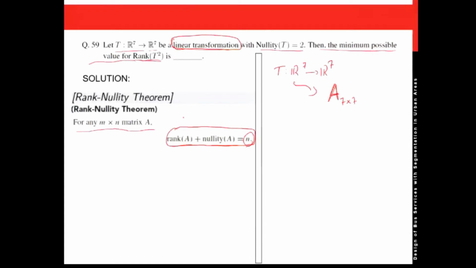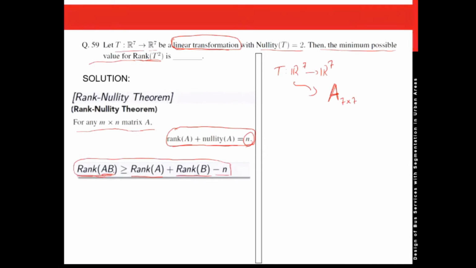And we will use one more result. Rank of AB is always greater than or equal to rank of A plus rank of B minus n. So we will use these two results to solve this.